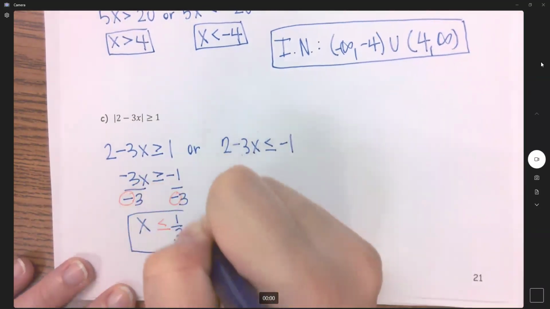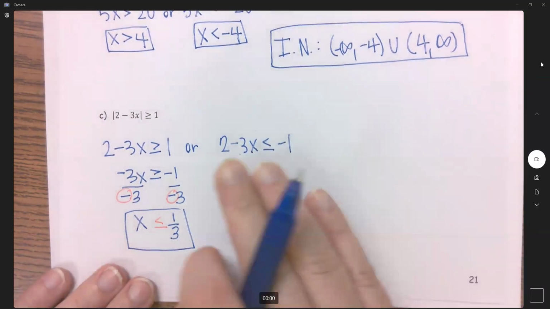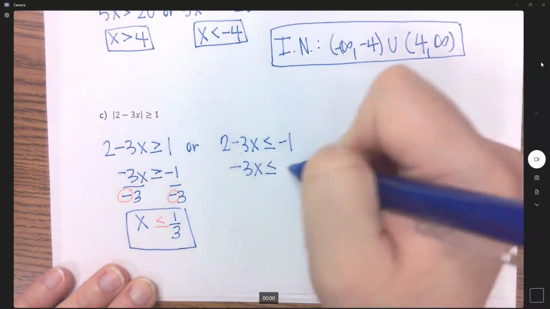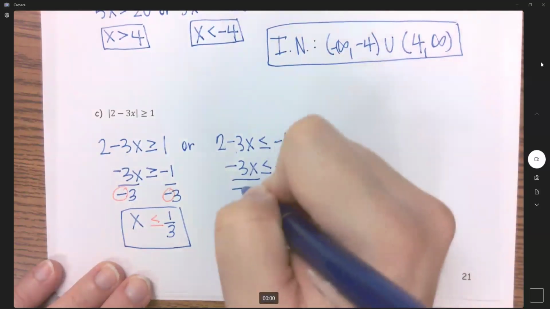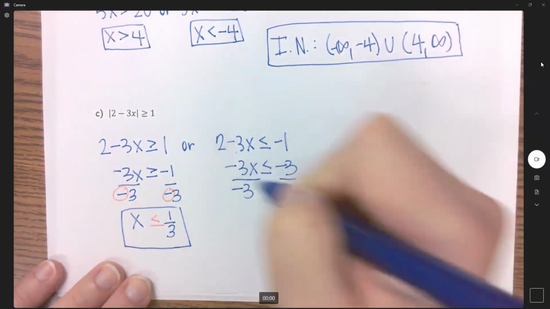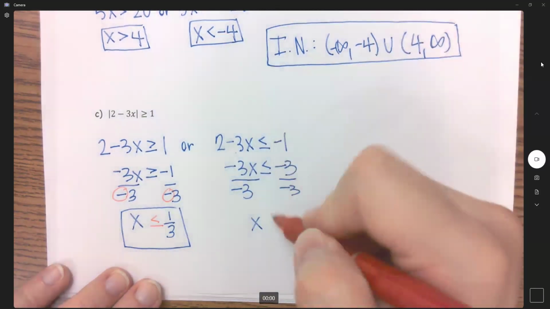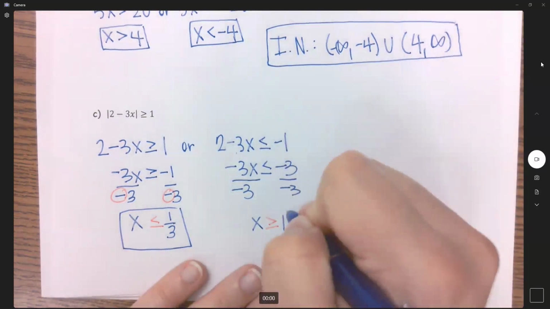So we have x is less than or equal to 1/3. And then what do we get over here? Subtract your 2 over. We get -3. Again, divide by -3. And we're going to now get x is greater than or equal to 1.